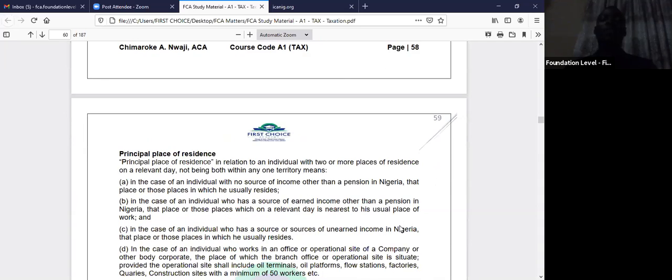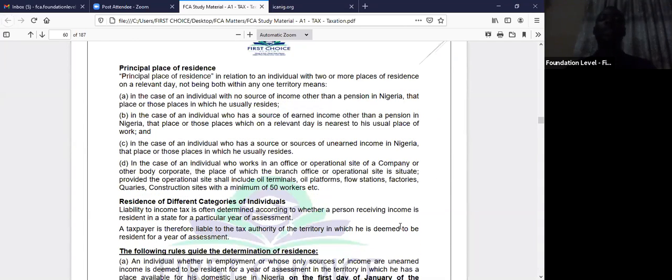Now, this brings us to what we call principal place of residence. Okay? Now, if an individual has one or two or more places of residence, then there's a problem. It means when they ask you, where is your place of residence?